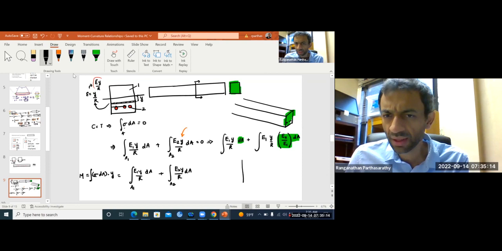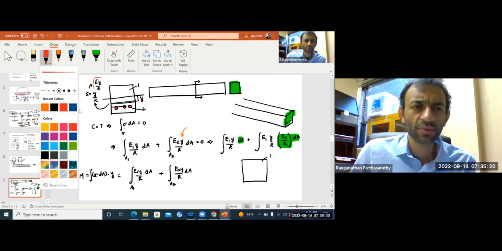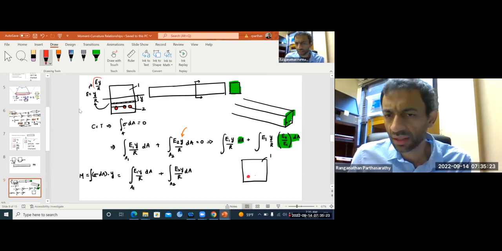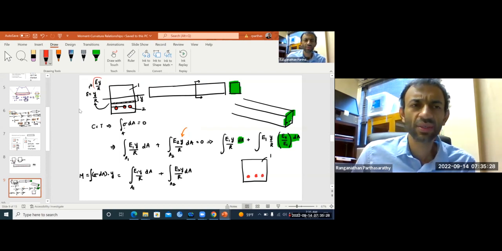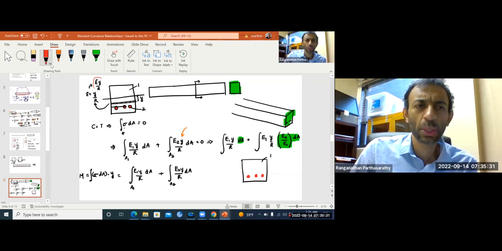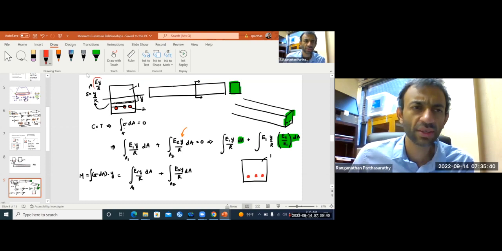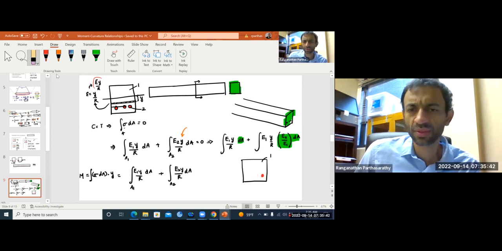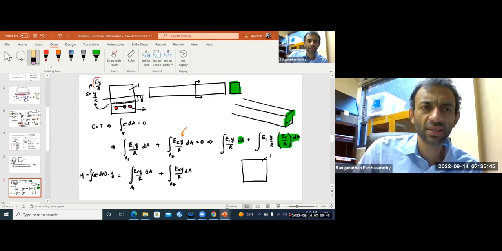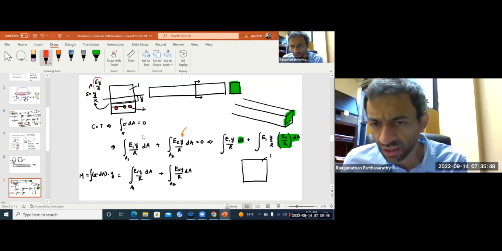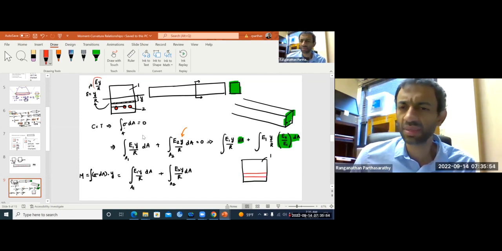this is my beam. This is my material 1. And that's my material 2. For simplicity, to understand just this concept, let me just redraw. Imagine the steel as a strip instead of individual bars. It doesn't make any difference.